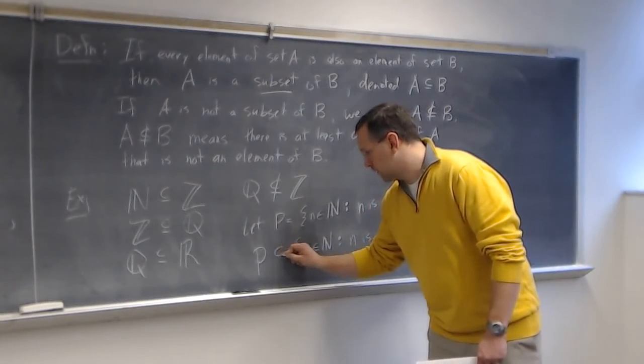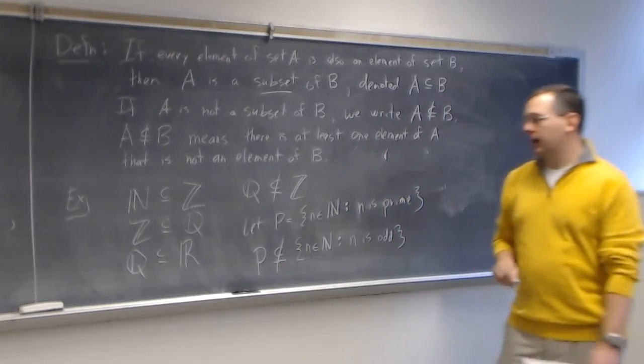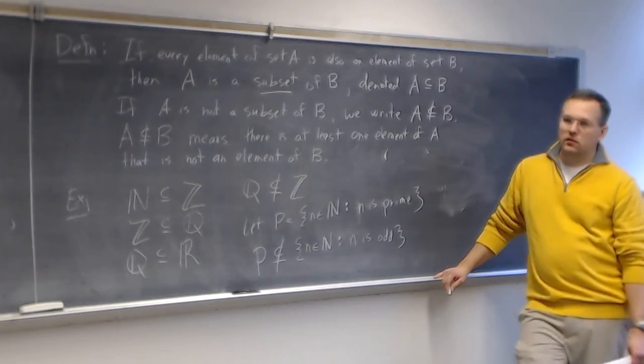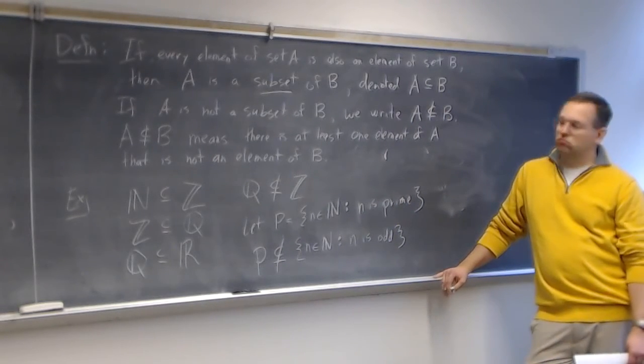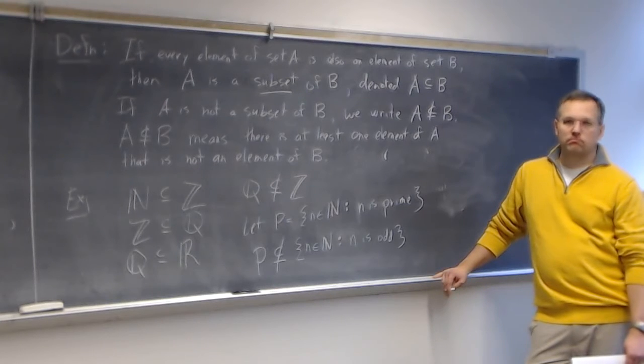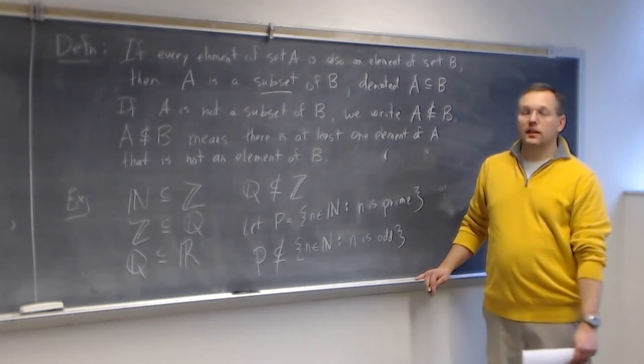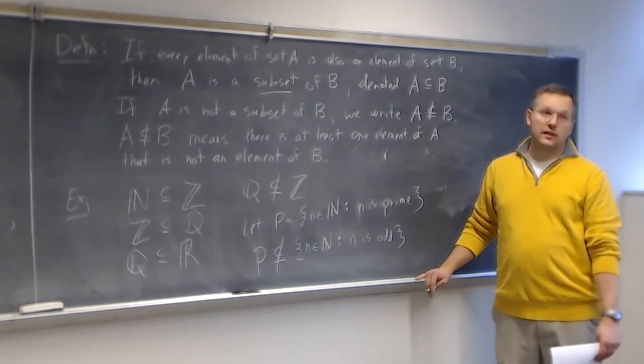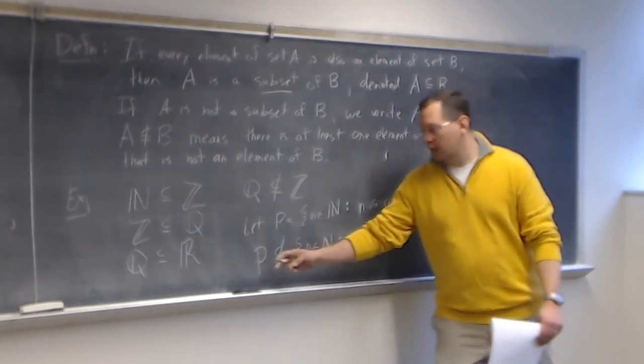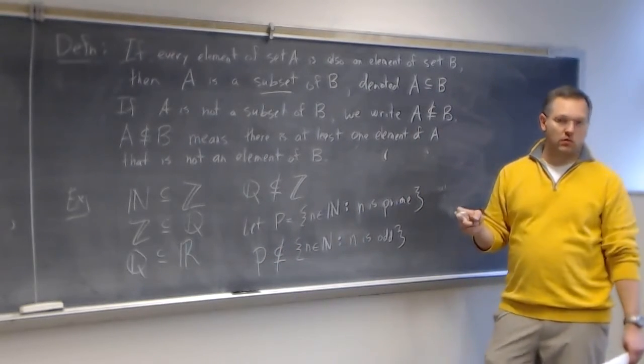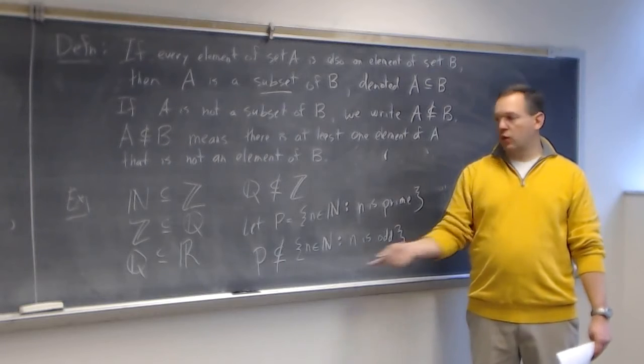P is not a subset of the odd natural numbers. Why? Because 2 is a prime number, and 2 is even. So even though there's infinitely many primes, the one number 2 ruins it.